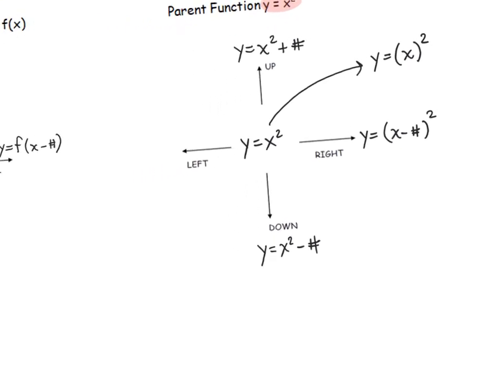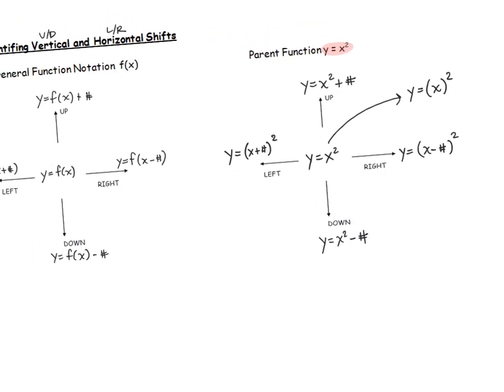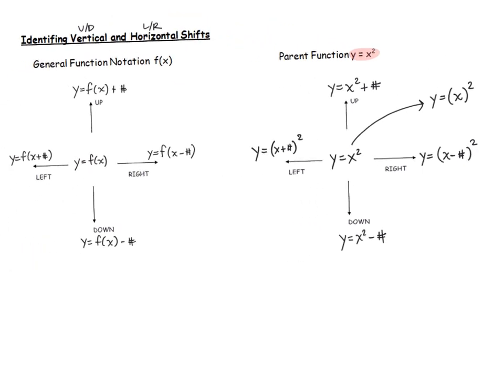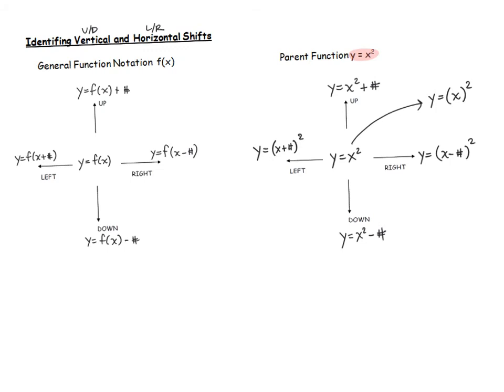And if I wanted to move it left, I would say y equals, there's my function, something squared, I'm going to do x plus some number squared. So this is just like our general key to think about how to move functions left, right, or up or down. And remember, x squared was just one example function, but we could do this with any of the parent functions or the family of functions that we learned last class.